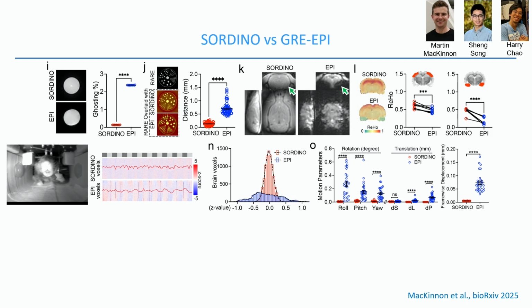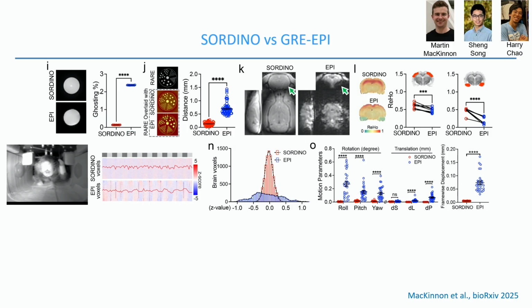When we look at the activity changes in the brain, we can run the correlations against this motion paradigm, and in the EPI scans, we see several voxels showing very strong positive and negative correlations against this motion paradigm, but in SORDINO it's pretty much centered around 0. You can also benchmark the motion parameters and look at the frame-wise displacement and see some improvement there.